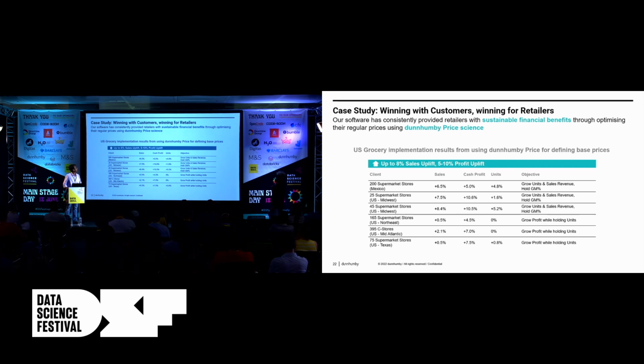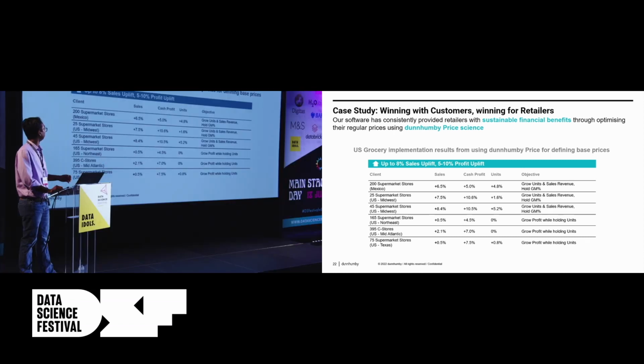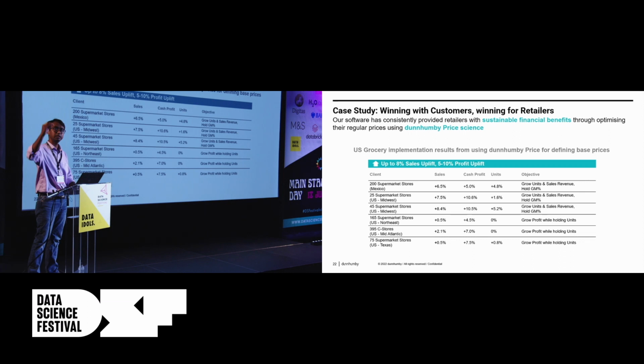And finally, this is just some result that we have seen from our previous implementations. I think the numbers that we are seeing are all from the North America market, and you can see the variation in terms of different types of stores.